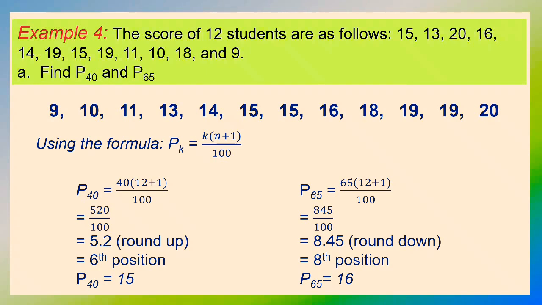As we all know, the 65th percentile falls above 50% of the distribution. So according to the rule, we are going to round down, ignoring the decimal value. The position of the 65th percentile is the 8th position. By counting, the 65th percentile here is equal to 16.